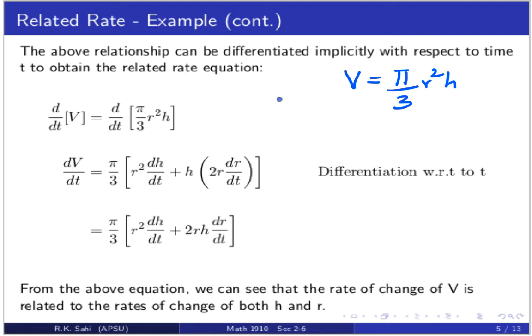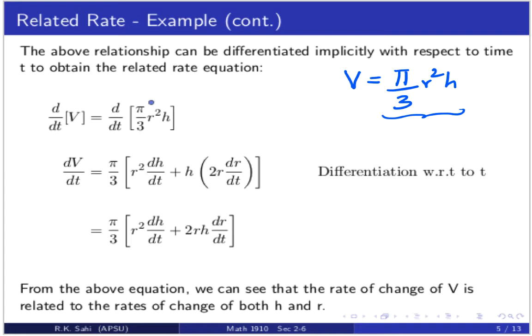So in order to differentiate this, because remember differentiation is also looked as a rate of change, the differential of this volume with respect to time is basically the differential of this equation on the right hand side of the equal sign. So basically we are now doing implicit differentiation. So when you take the differential of V with respect to time, now here pi over 3 on the right hand side, you can take that out.